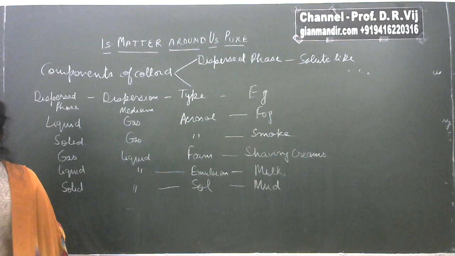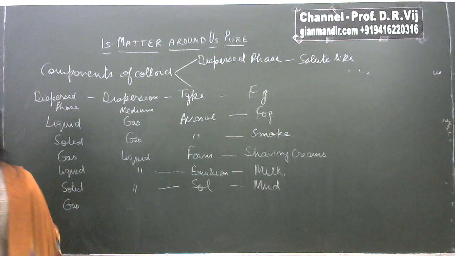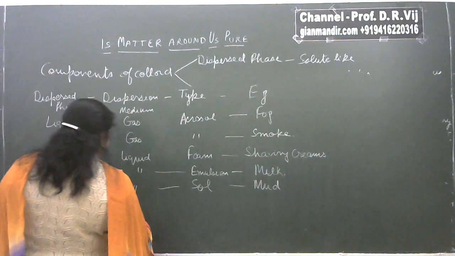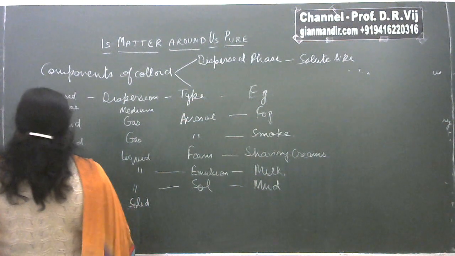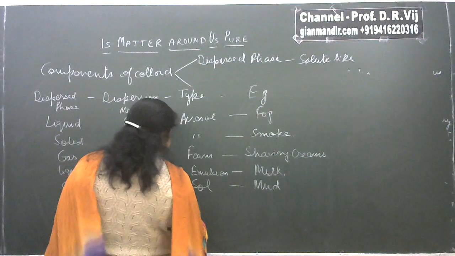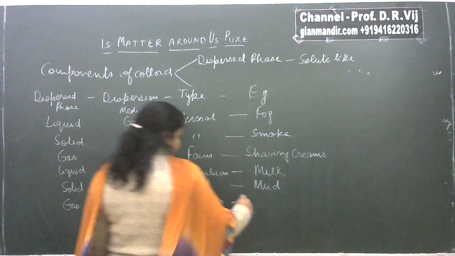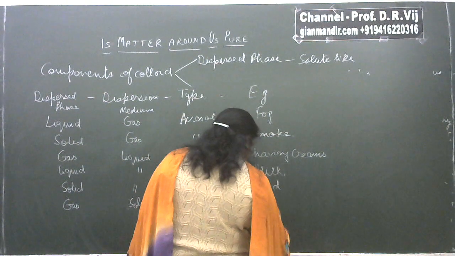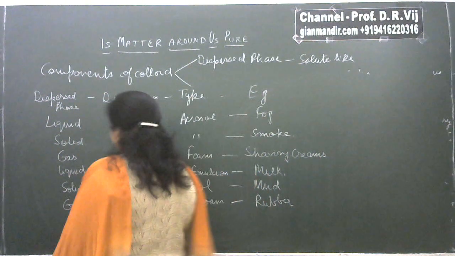Then we can have the dispersed phase to be gas, dispersion medium as solid. The type of colloid here is also known as foam. And the examples here are rubber, sponges, etc.